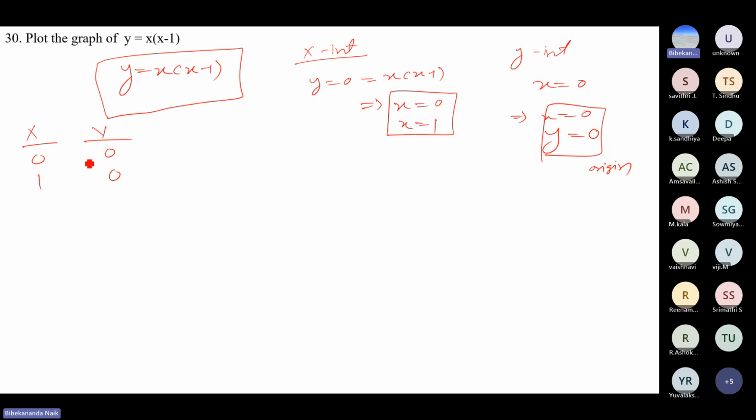Now let's see what will happen for values between 0 and 1. Since we have these 2 points, 0 and 1, where the graph crosses the x-axis, suppose this is the graph we will be drawing.